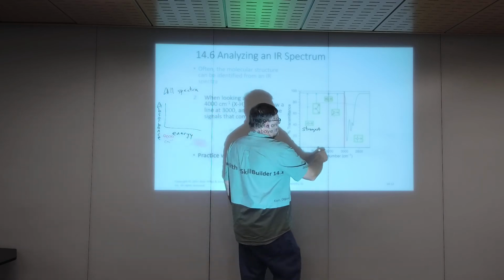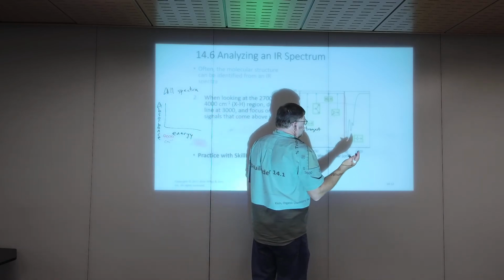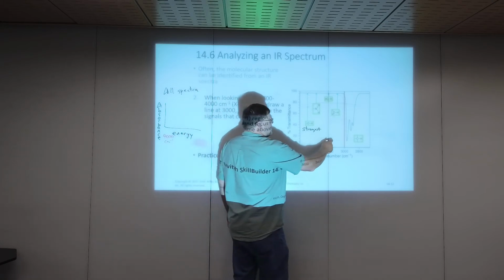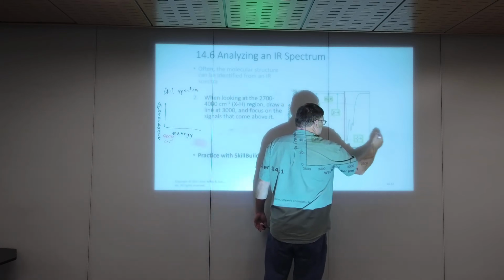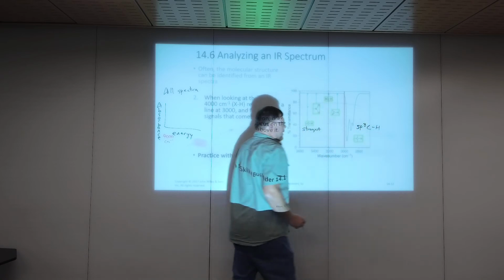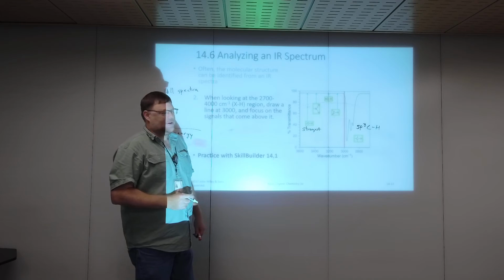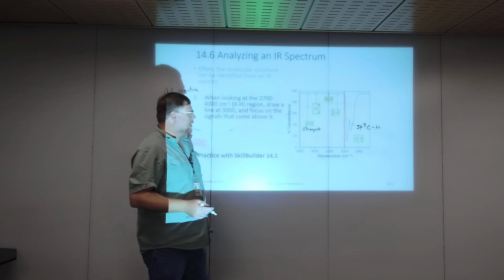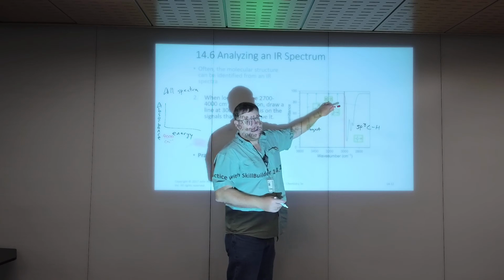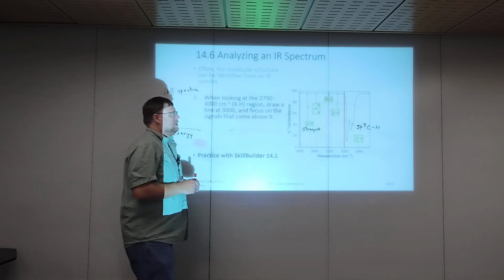And then the CHs can also be divided, and this is the weird kind of cool thing. So to the right of 3000 are going to be sp3 carbons bonded to hydrogens. To the left of 3000 is going to be sp2 and sp carbons bonded to hydrogen.